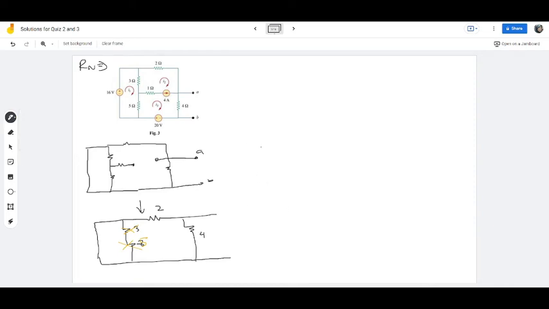So just like that, your Rn, when looking at this way, you look from this very end and you can see that it is just 2 in parallel with 4. So 2 times 4 divided by 2 plus 4 gives me 8 over 6, aka 4 over 3 ohm.